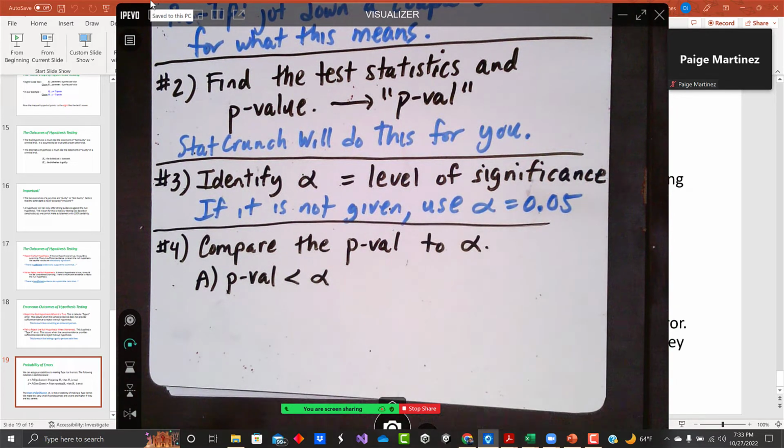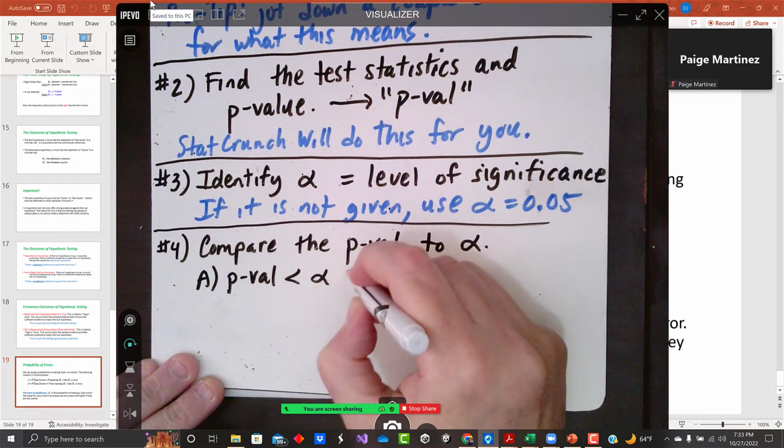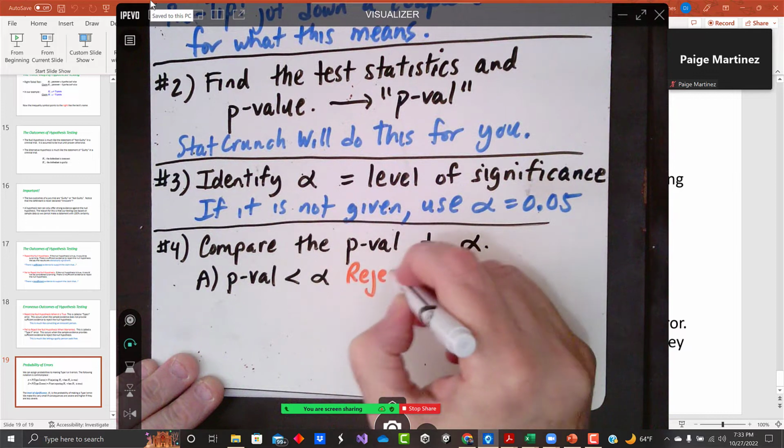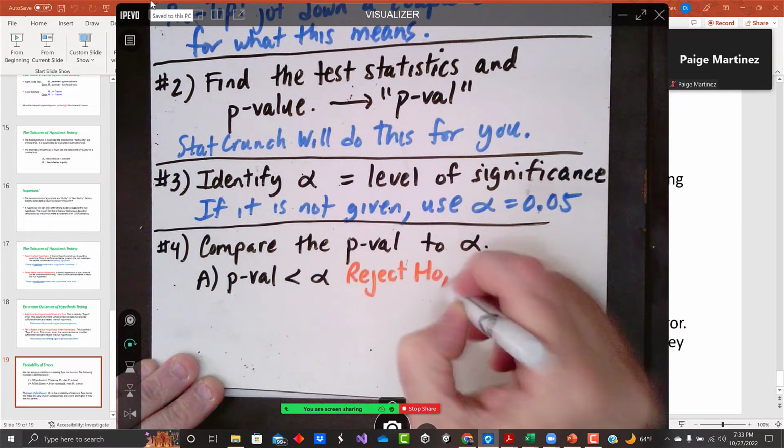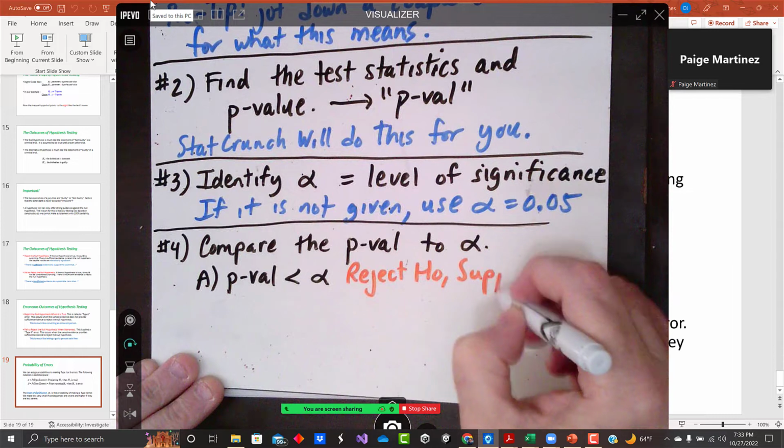When this happens, we reject H naught and support HA.